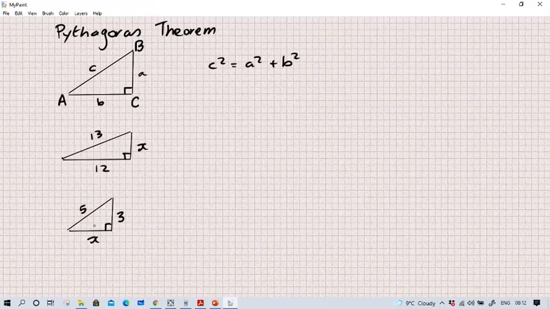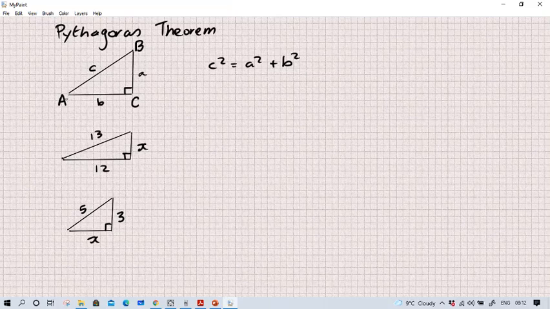We'll take a look at Pythagoras' theorem now, which most people should have done in high school. It relates to a right angle triangle, and here we can see the right angle is at angle C, and the length opposite the right angle is always the longest length in a right angle triangle. So small c is the longest length.